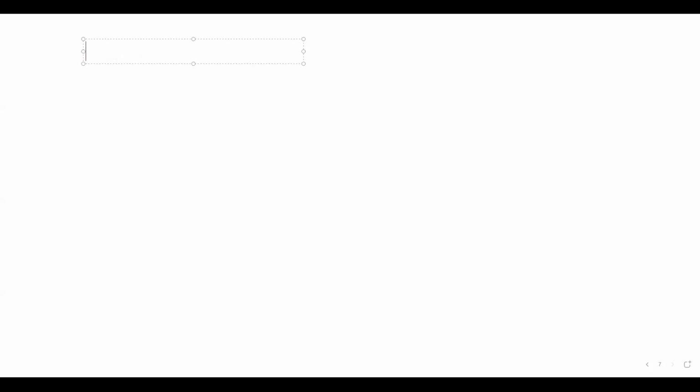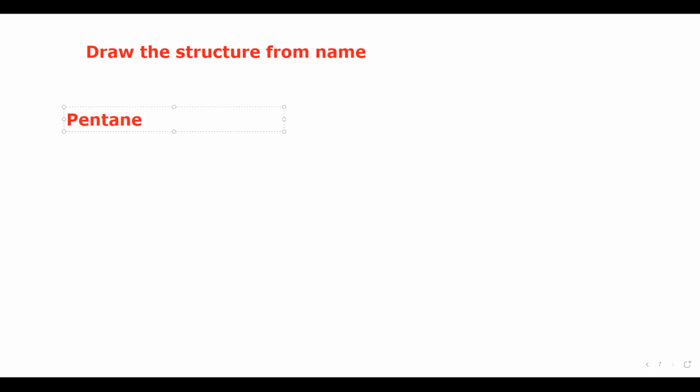Now what we will do, we will try to draw the structure from the name. So name will be given and now we will try to draw the structure. So if I say I want to draw the structure of pentane.